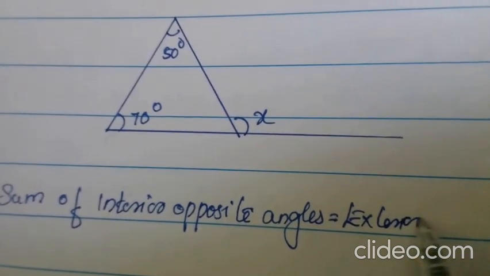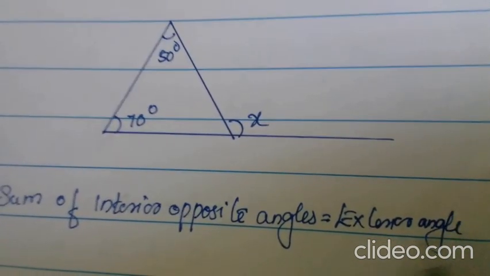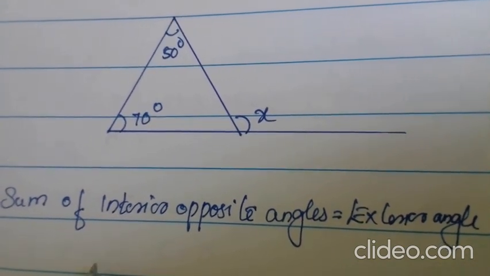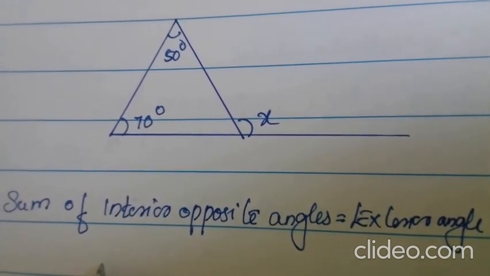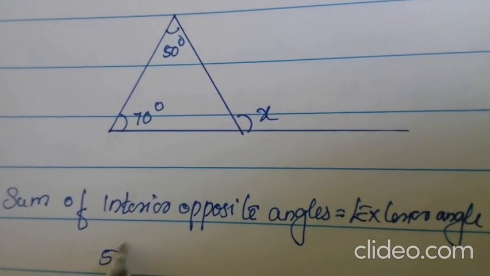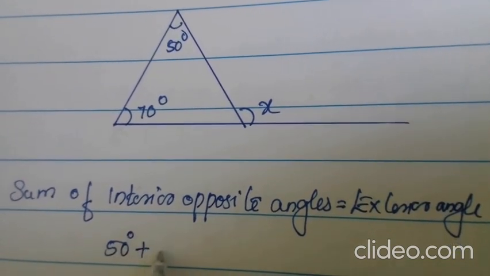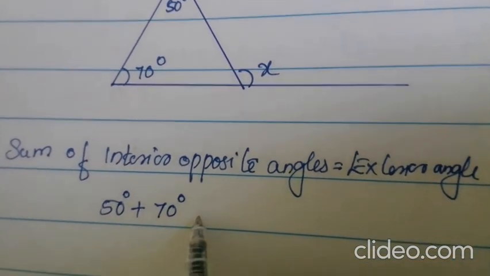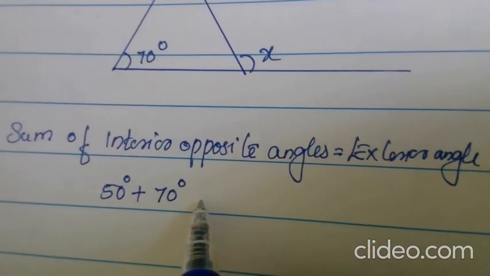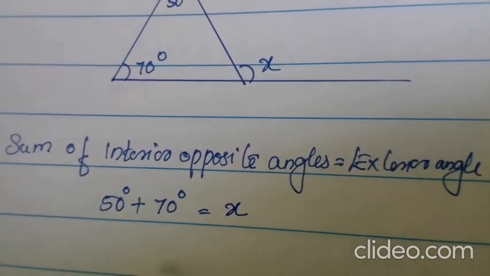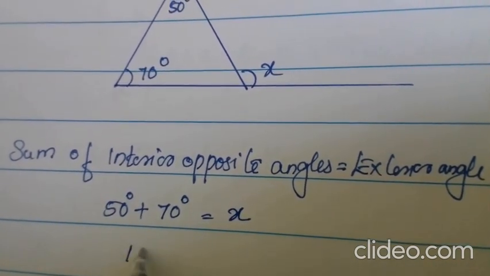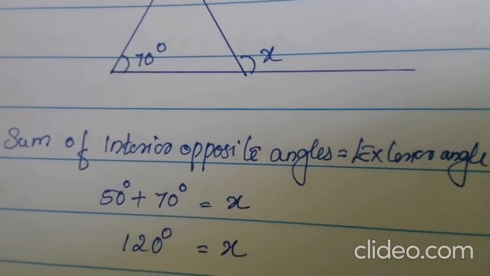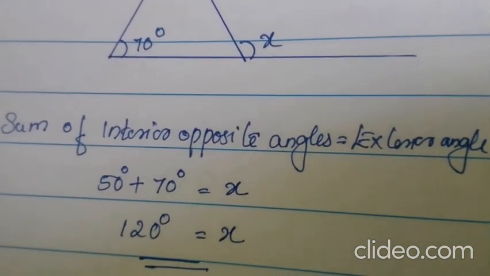Is it? So which is the interior opposite angle over here? That is 50 degree and 70 degree. So sum means we should add 50 degree plus 70 degree is equal to x. 50 degree plus 70 degree means 120 degree. So what is the value of external angle? 120 degree.